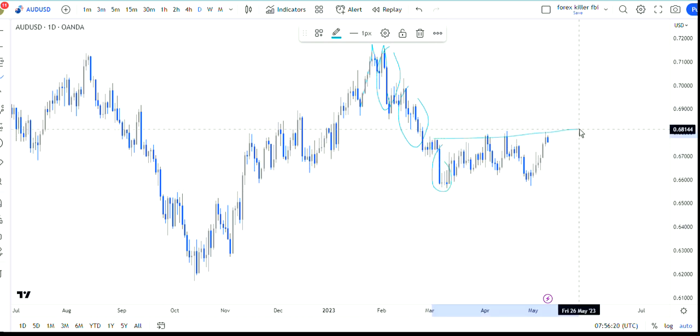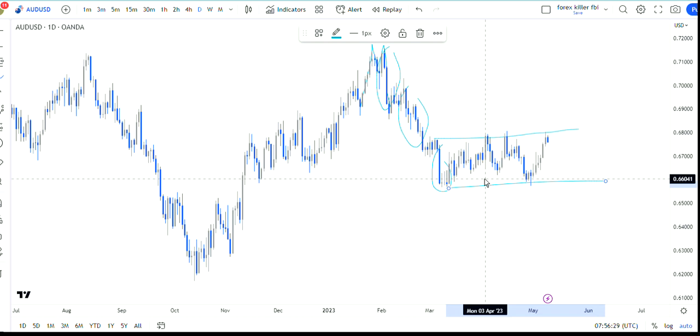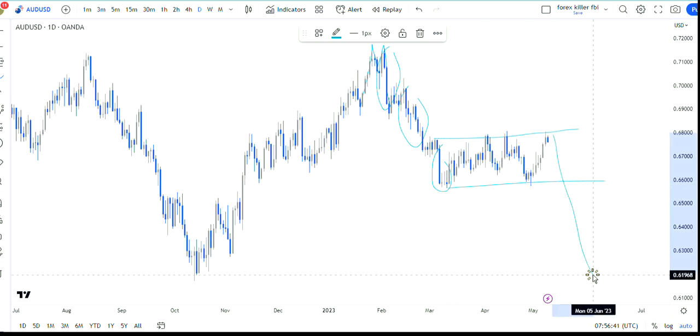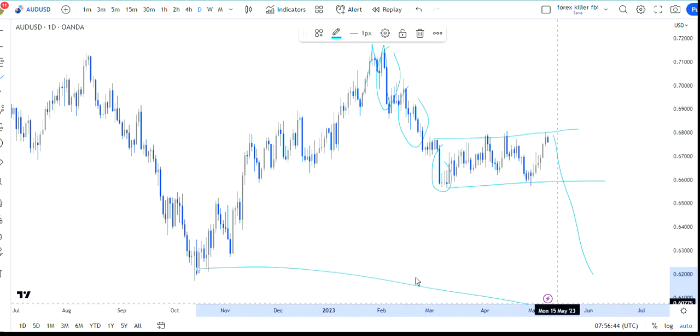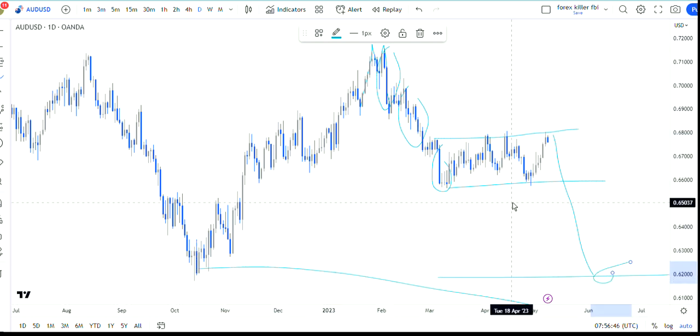And here we have an aggressive correction. This is what we call a ranging. All right, this is a ranging. But you will be looking for a certain aggressive move down here. All right, down here. Why so?